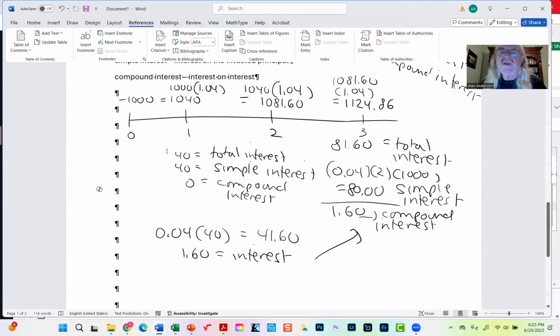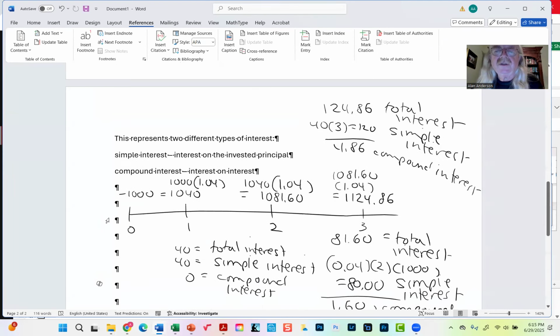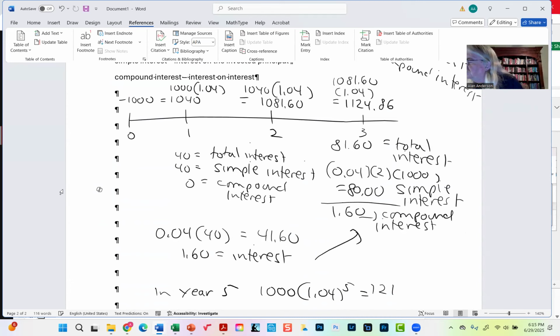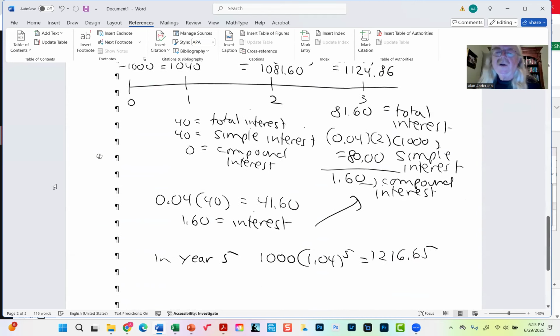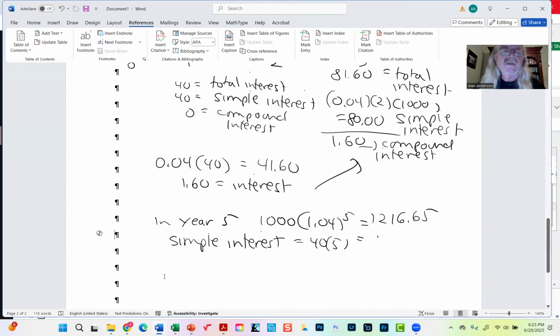So let's just carry on. Let's go all the way out to year 5. We have 1,000, as we just saw, brings us to 1216.65. Now, how much simple interest does that represent? Remember, it was $40 a year. Actually, what I should have done, hold on one second.